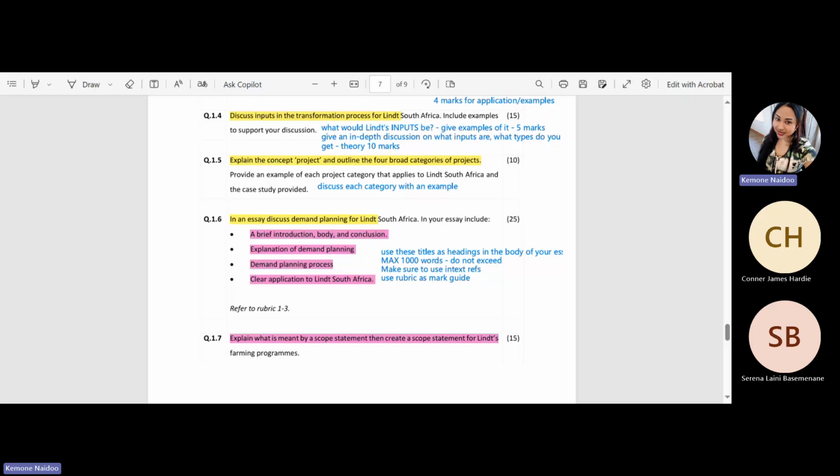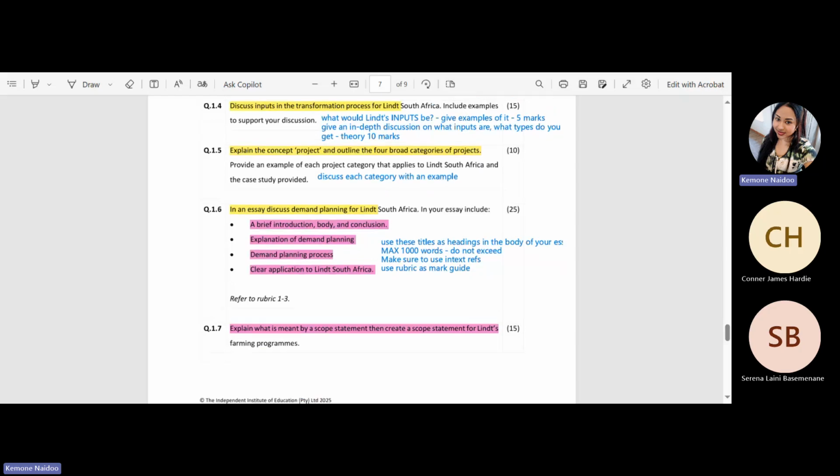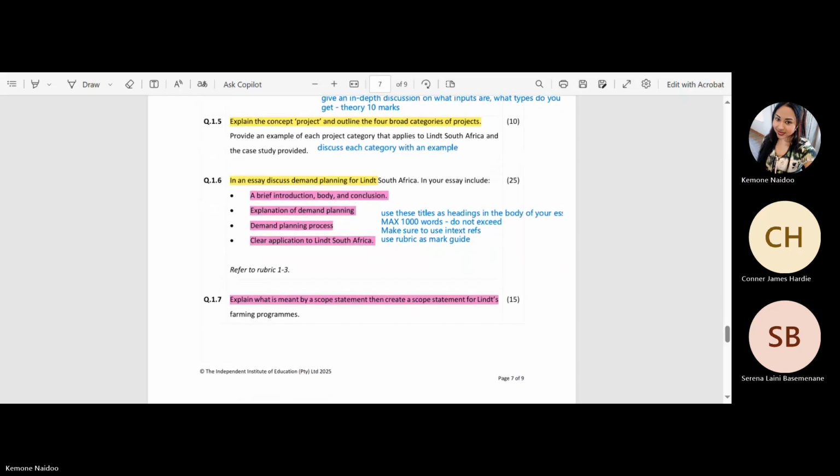So go and look at what are the possible inputs for Lent and elaborate on those, explain it. So don't just say, like the cocoa bean, for example, because that's not enough to get you 5 marks. So you want to elaborate on that. What do you mean? Like, what is the input? Okay, and then I hope that makes sense and everybody is good.